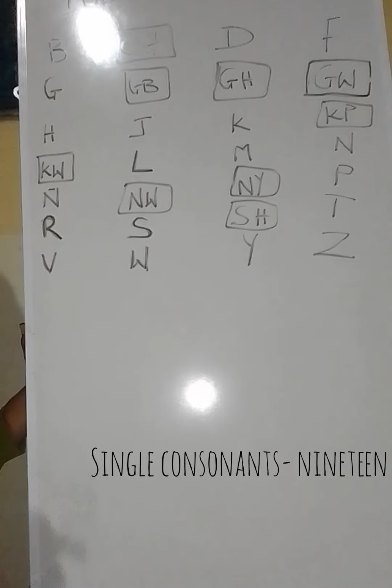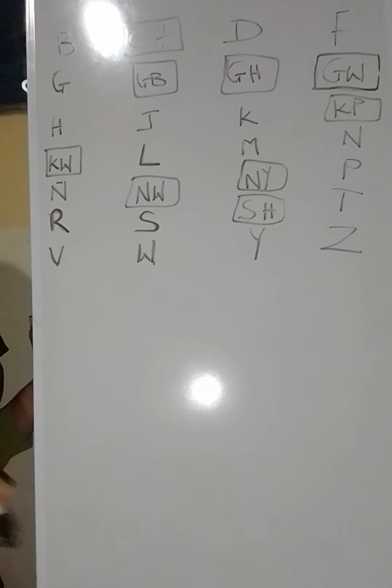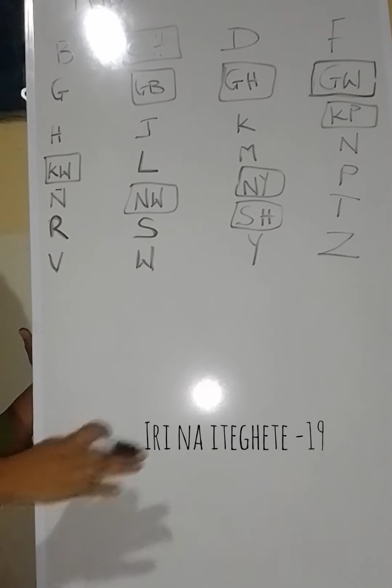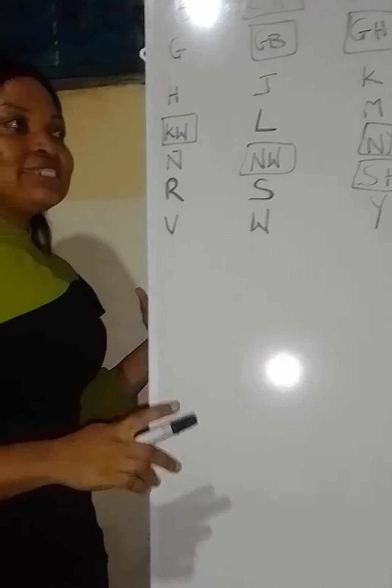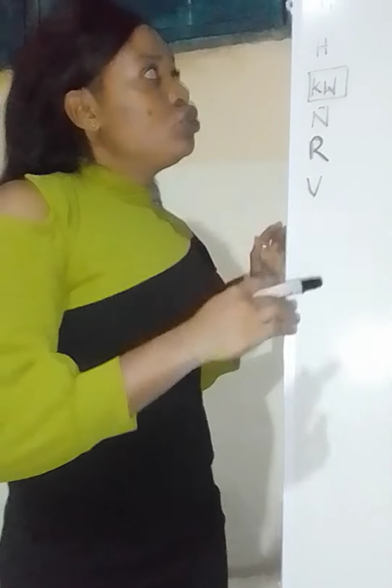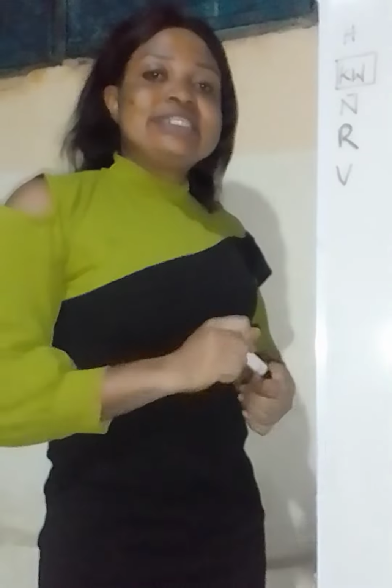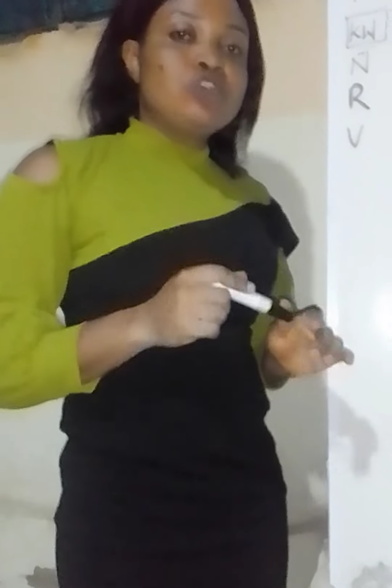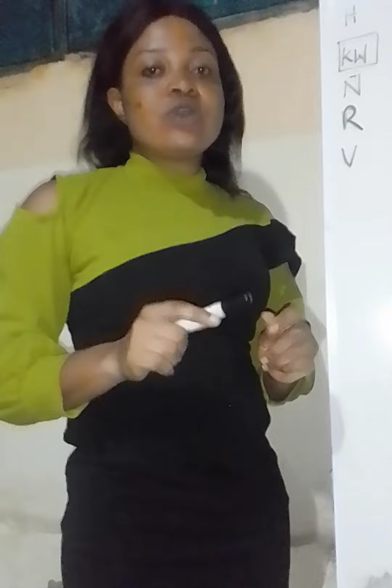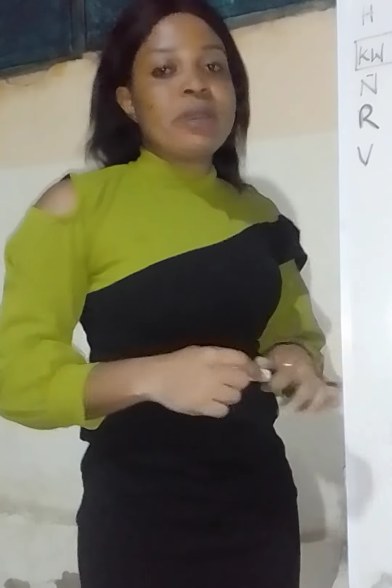That is 19. Once you hear iri na iteyete, you will know that we are talking about 19. That is, the mgbochi ume nge in Igbo are 19 in number. Remember, mgbochi ume nge is the single consonants, while the mgbochi ume mkpe are the digraphs.